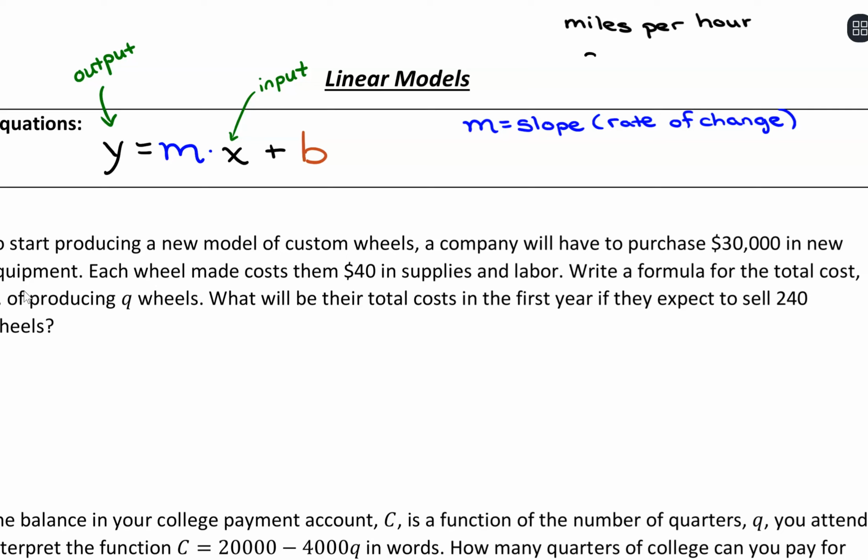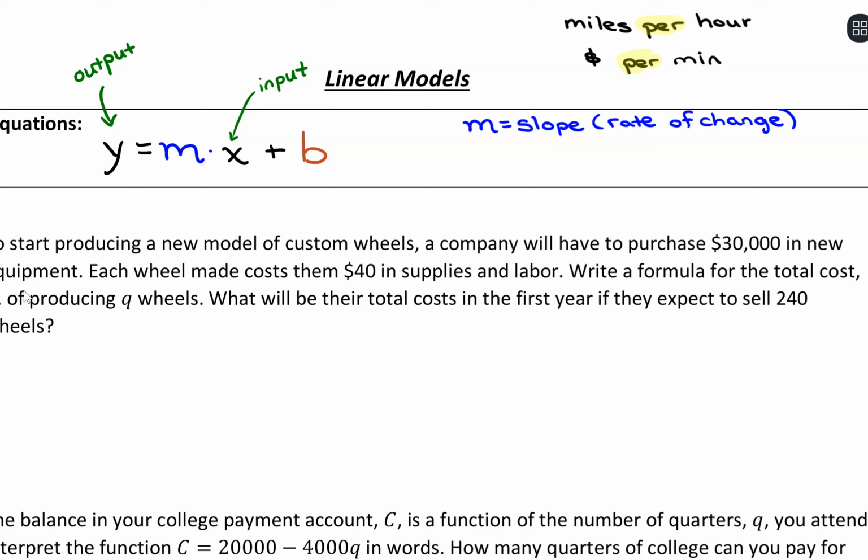It could be dollars per minute, maybe that's the cost of using a payphone. When we have slope, the word per or each is another word that can come up, so dollars each minute. Those are going to relate to our slope, our rate of change. So it's how our equation's changing as our input changes.